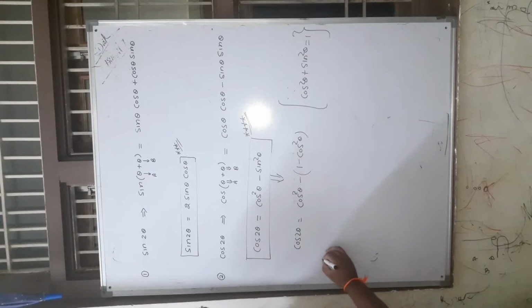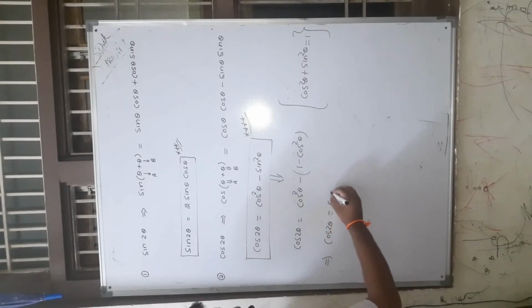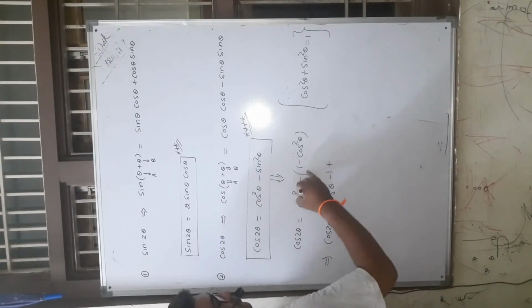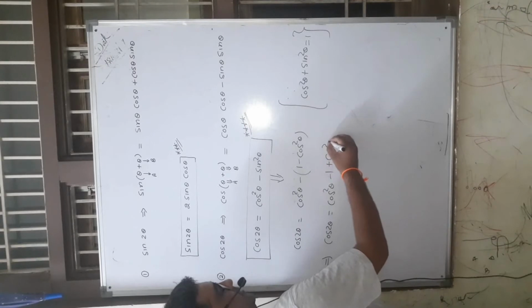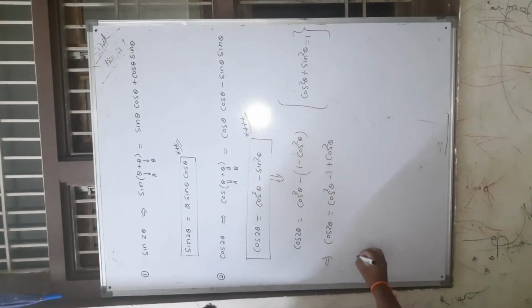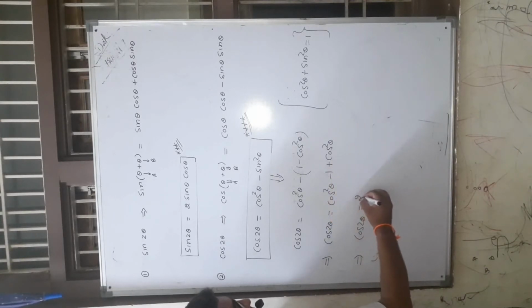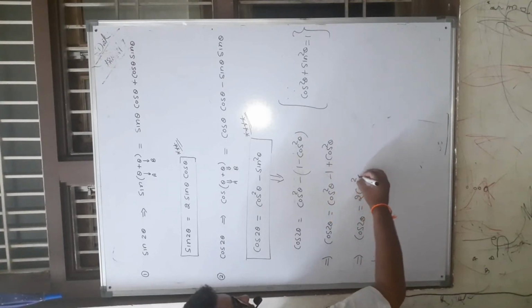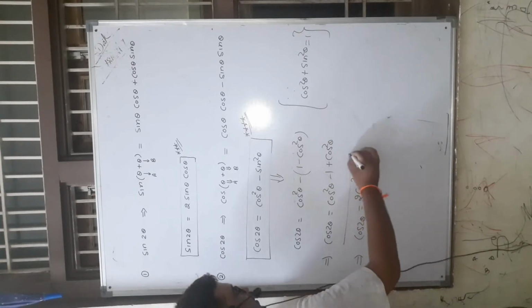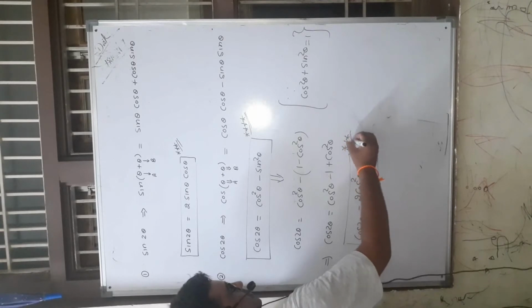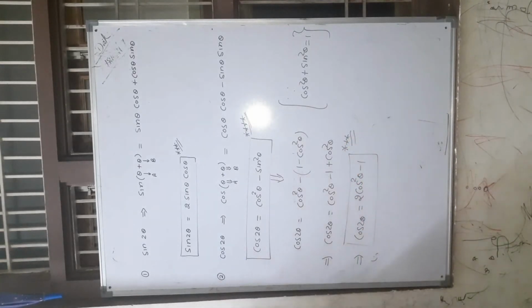So this implies cos 2 theta is equal to cos square theta minus 1 plus cos square theta. So this implies cos 2 theta is equal to 2 cos square theta minus 1. So this is one another formula of cos 2 theta, remember these formulas.